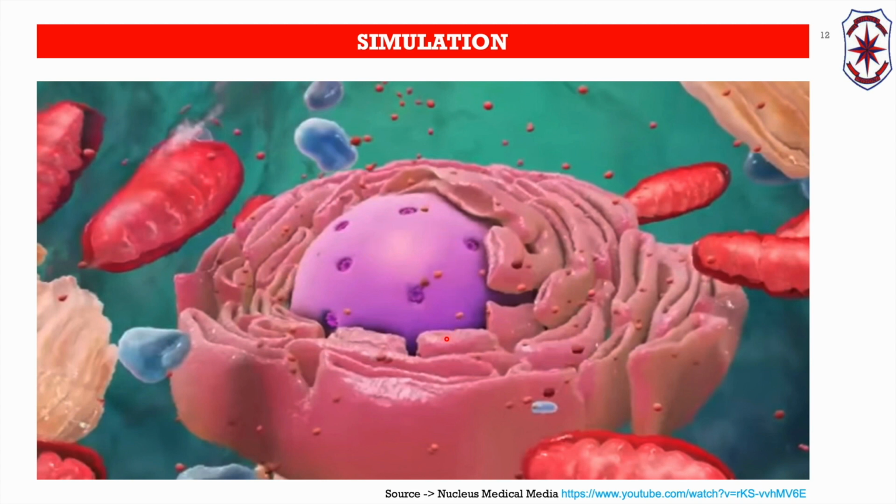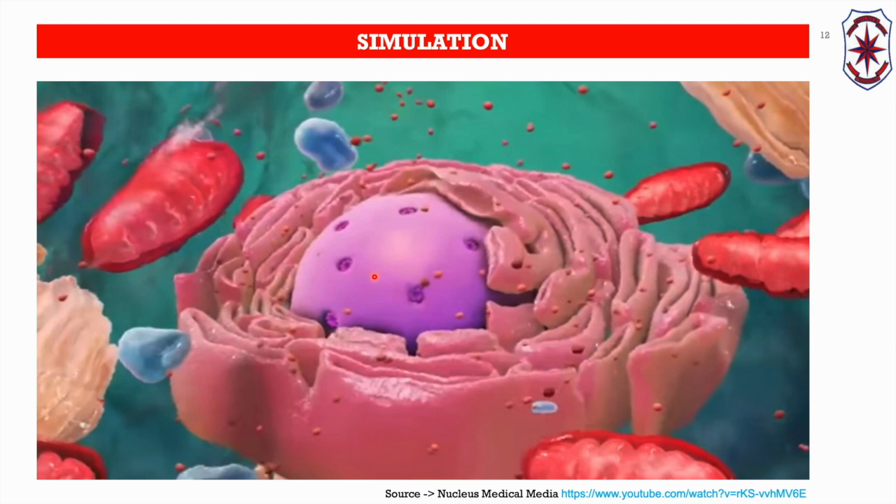The membrane of the nucleus is called the nuclear membrane. Some sources refer to it as the nuclear envelope, but I'm going to refer to it as the nuclear membrane. You will see that from the outside, the nuclear membrane is not smooth at all.